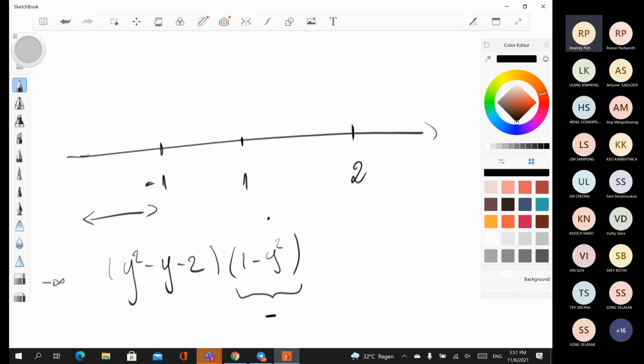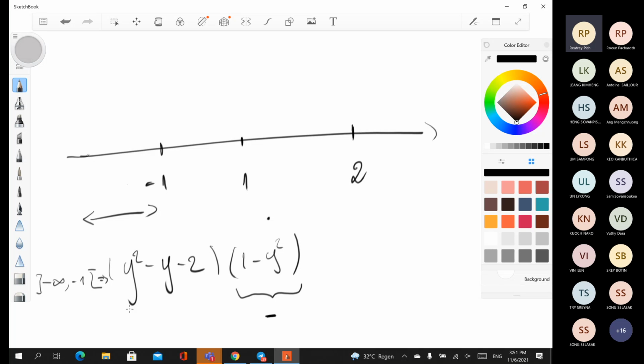From this one, 1 minus y square is always negative, because y can be -2, -3, -4, so y square is always greater than 1. 1 minus a number greater than 1 is less than 0. So you have minus here.